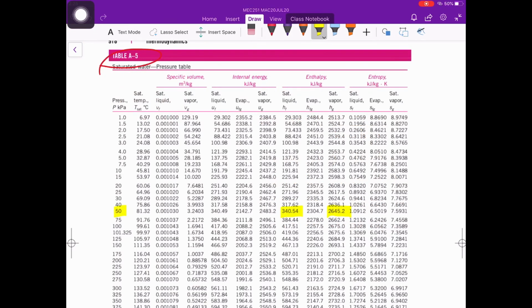It is observed that from table A5, the enthalpy of 2394.3996 kJ per kilogram is in between the enthalpy of the saturated liquid and saturated vapor. Therefore, the actual state is still in the mixture phase.